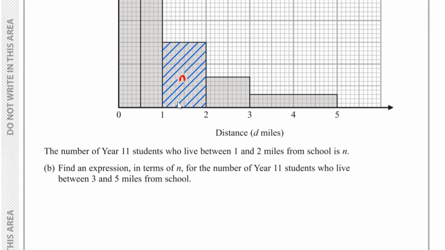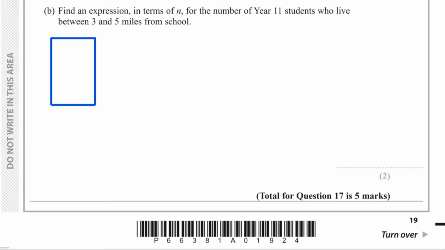So if I consider this rectangle, I've got 1 over here and n over here, which gave me that area of n.